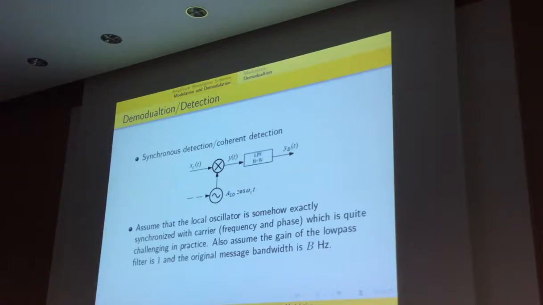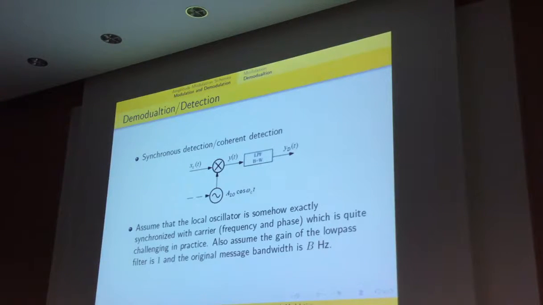Now you multiply with A_LO cosine omega_c t. What you have is A_c times A_LO times bracket 1 plus mu x(t) times cosine squared omega_c t. In x_c(t), you already have a cosine omega_c t, the AM DSB modulated signal. Now you multiply with another cosine omega_c t, that's why you have cosine squared omega_c t.